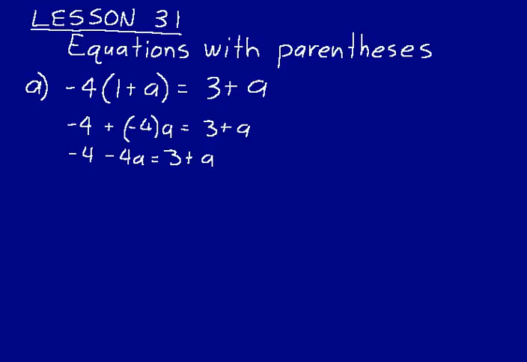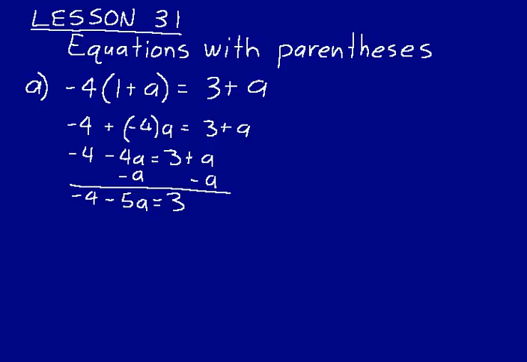Now we want to get our variable just on one side, so we'll add like terms to do that, and we'll use our addition rule. And I'll go ahead and move the A to the left side, and so I'll have to add a negative A to both sides. So I'll have minus 4 minus 5A is equal to 3.